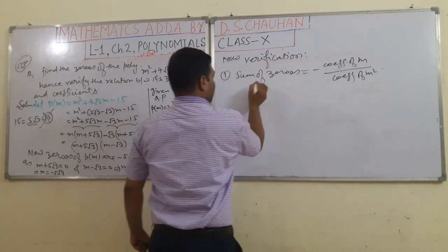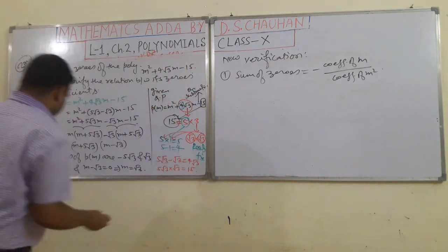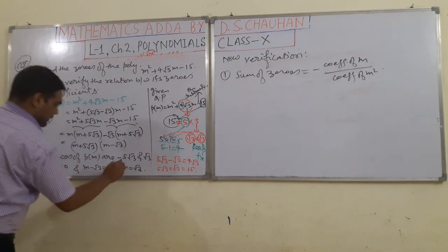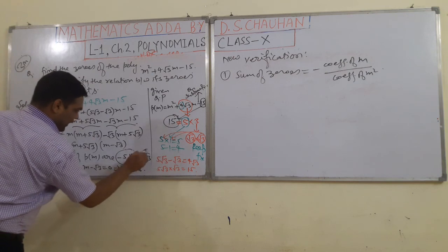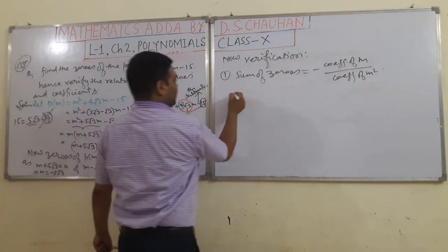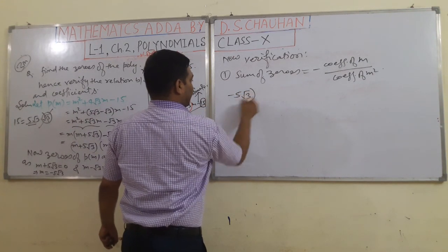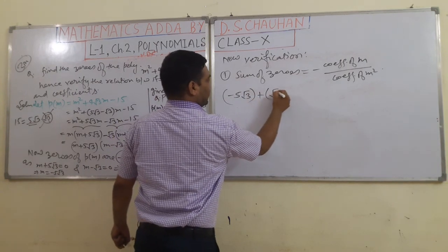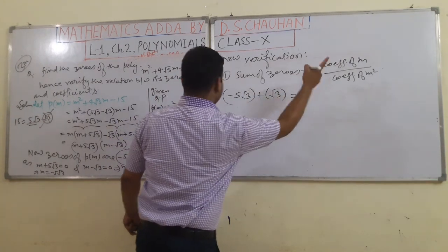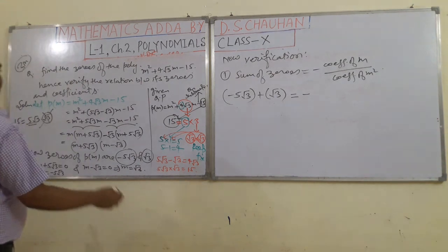So sum of the zeros. What are the zeros, students? Here this is minus 5 root 3 and under root 3. So sum of the zeros, minus 5 under root 3 plus under root 3. This is the sum, minus coefficient of m. What is coefficient of m here?